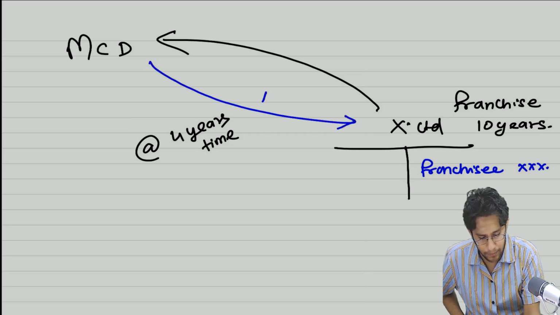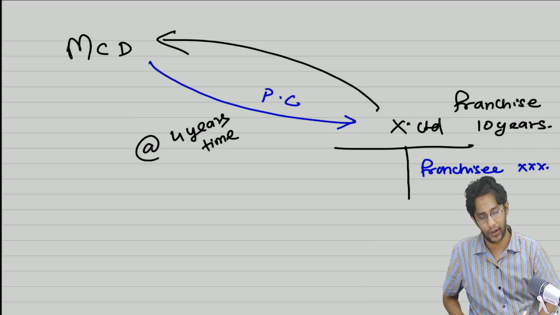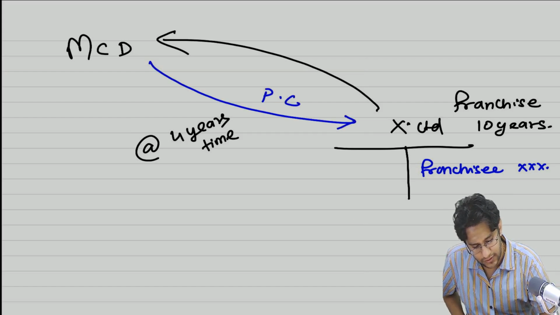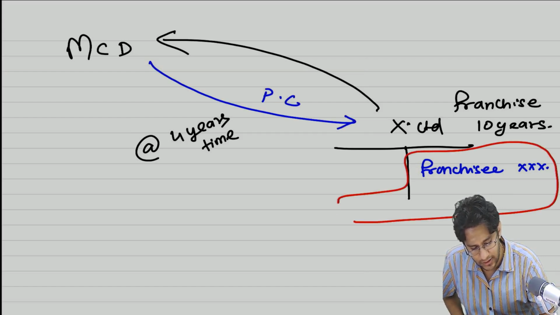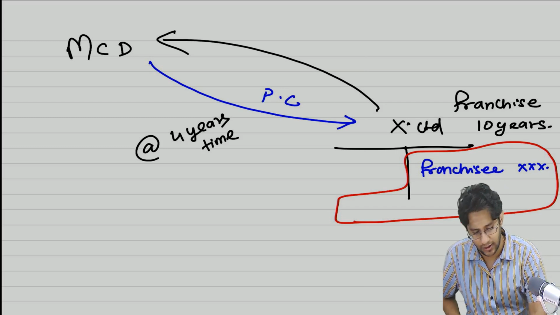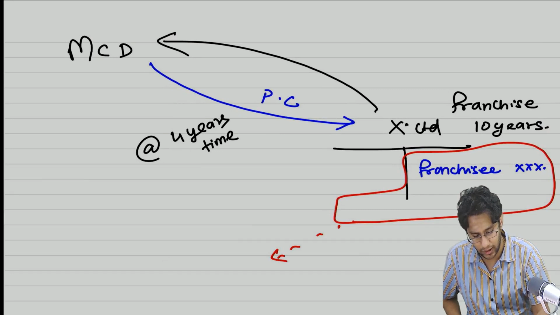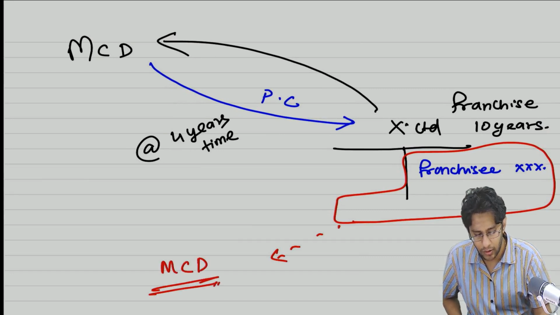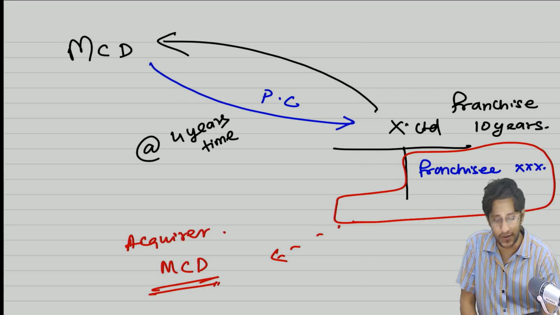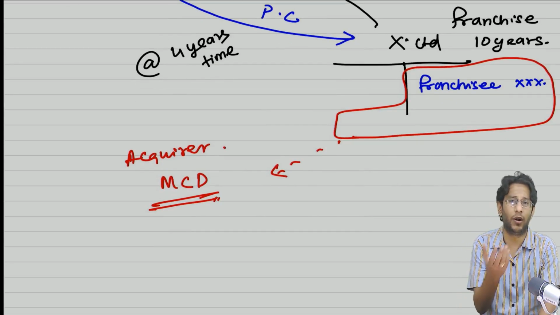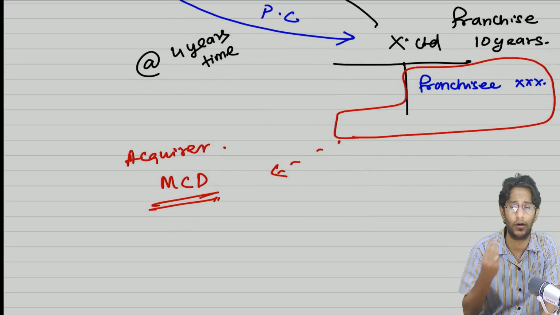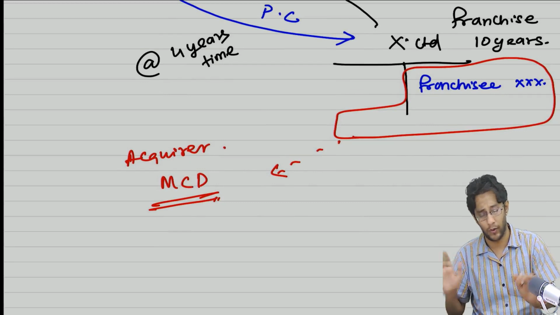McD will pay purchase consideration to X Limited. As a result of this, the many assets and liabilities that are there in the books of X Limited will be now taken over by McD. So McD is the acquirer. Whatever the standard says, whatever assets and liabilities you are taking over, you will obviously incorporate all of them at fair value.